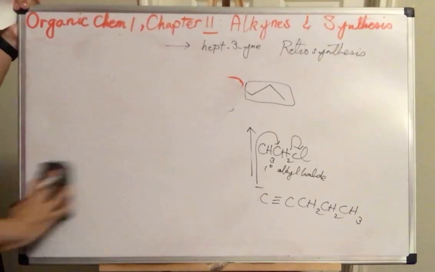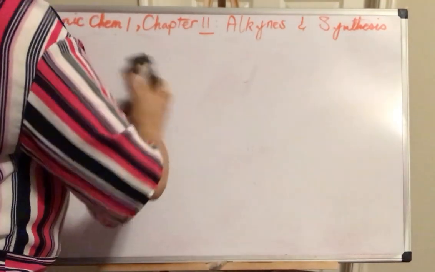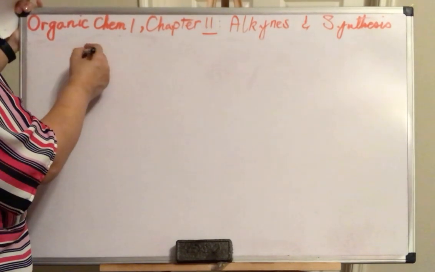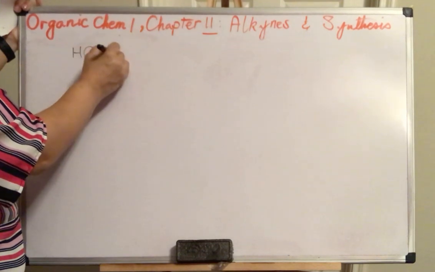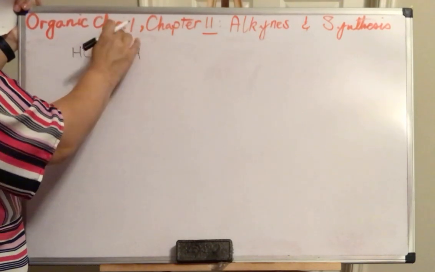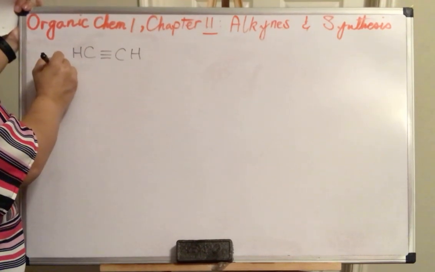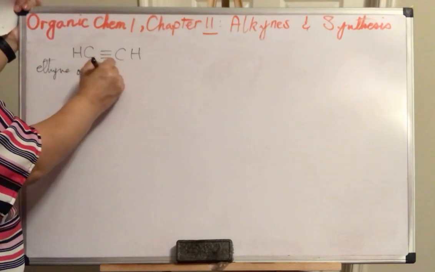Okay. Let's work on the second example. Preparing butanal from a 2-carbon starting material. For a 2-carbon starting material, the easiest is acetylene or ethine. Ethine, the common name is acetylene.